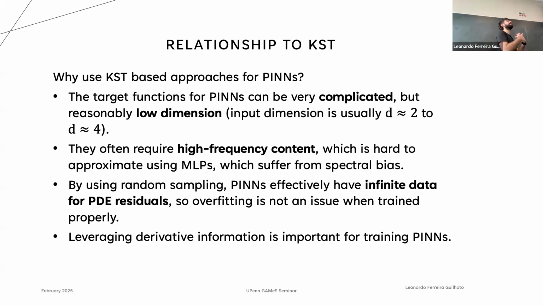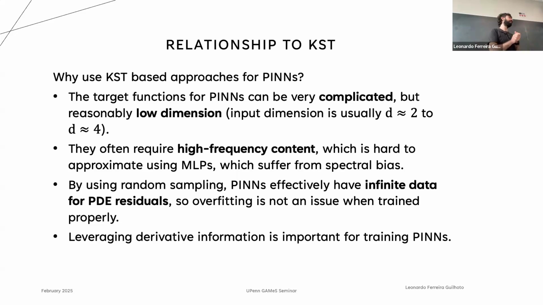So if trained properly, randomly sampling new points at each iteration, this gets rid of the notion of overfitting, which is a problem that we've seen in some experiments these KST architectures have. Since we have basically infinite data, we don't care too much about overfitting.